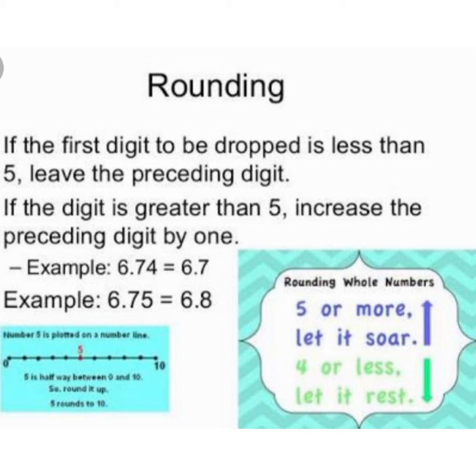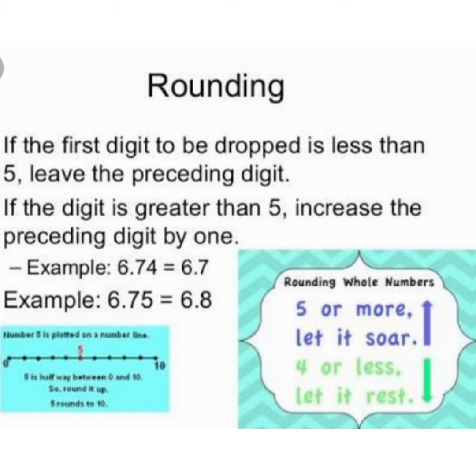Listen here. The first digit to be dropped is 4. It is less than 5. So, we have to leave the preceding digit. So, the answer is 6.7. This is the approximate value.